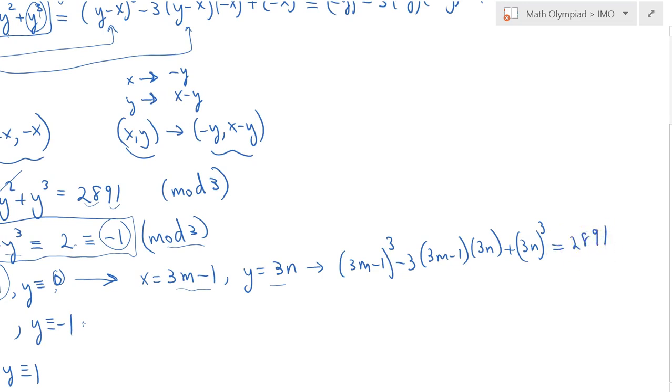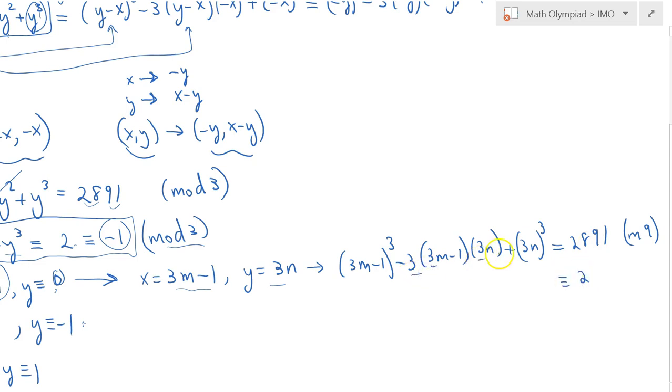I won't bother making the calculations. All I will do is this time look at mod 9. In mod 9, 2891 is 2, so this is congruent to 2 in mod 9.